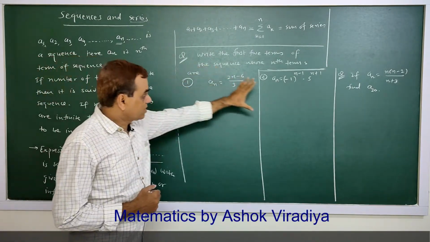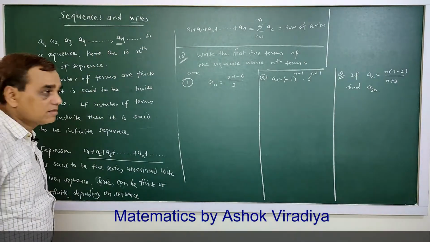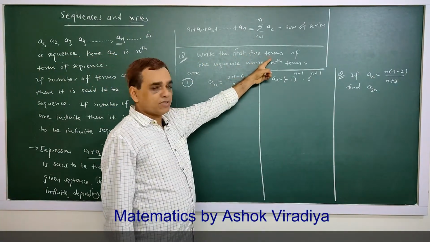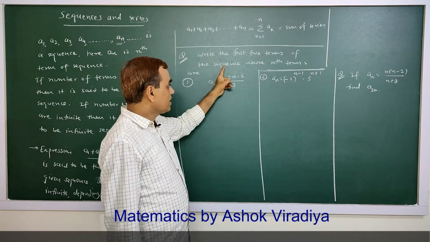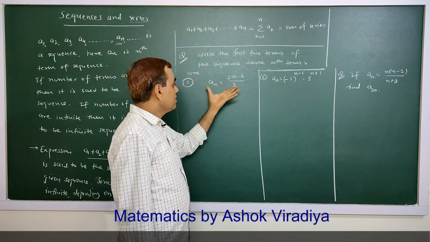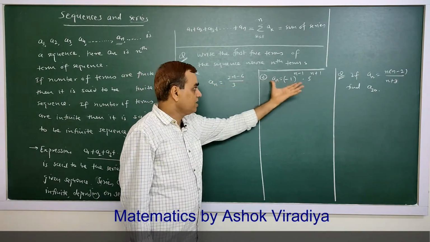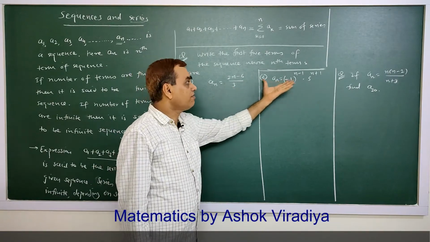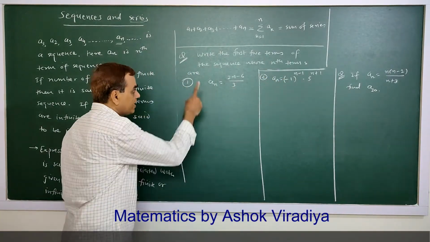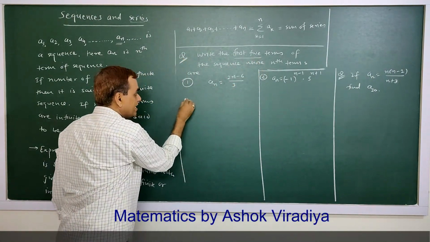Now questions to understand these symbols. The question is, write the first 5 terms of the sequence whose nth terms are given by these formulas. See, these are nth terms of a sequence. To find the first 5 terms, I am putting n equal to 1.